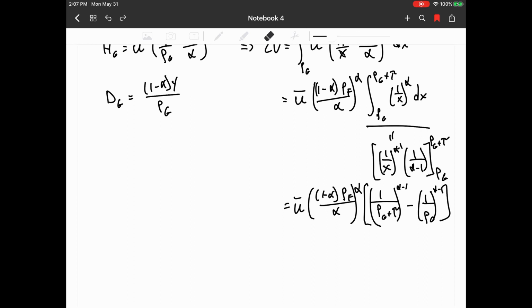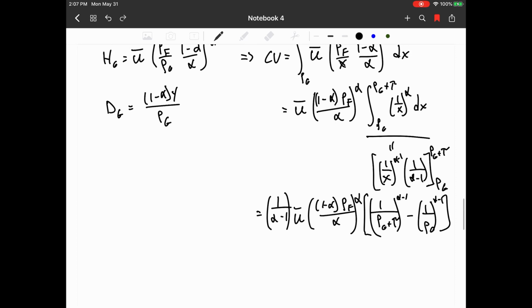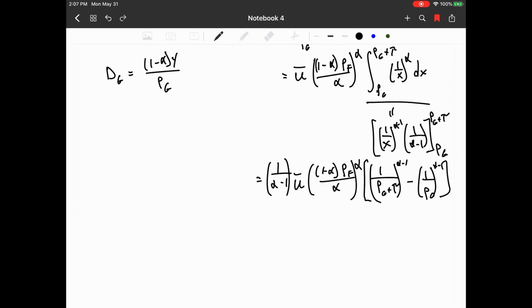And I'm also going to bring out the 1 over alpha minus 1, so we'll multiply that by alpha minus 1. Then we can do simplification if we'd like, but this is how messy these types of integrals often end up looking. But it gives us a closed form, and we can take any values that we end up estimating and use this functional form to estimate the policy impacts.